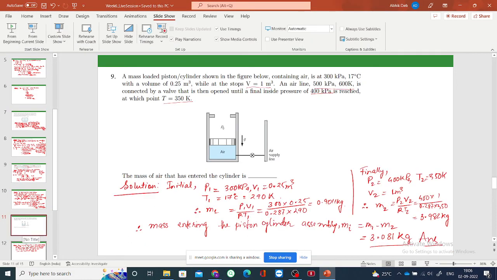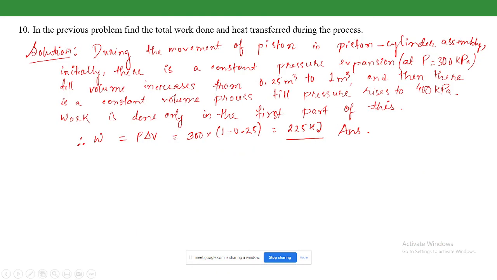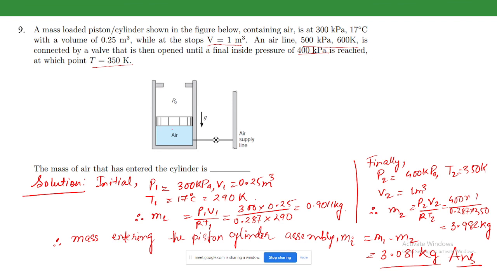And now let us move on to the next part of the problem. In the previous problem we have to find the total work done and the heat transfer during the process. Now see, initially this was the state of the piston, and now air is moving in. As air is moving in, the piston will move up, and this will essentially be a constant pressure process. That is, it will expand at 300 kilopascal till the piston reaches a stop and the volume increases from 0.25 to 1 meter cube.